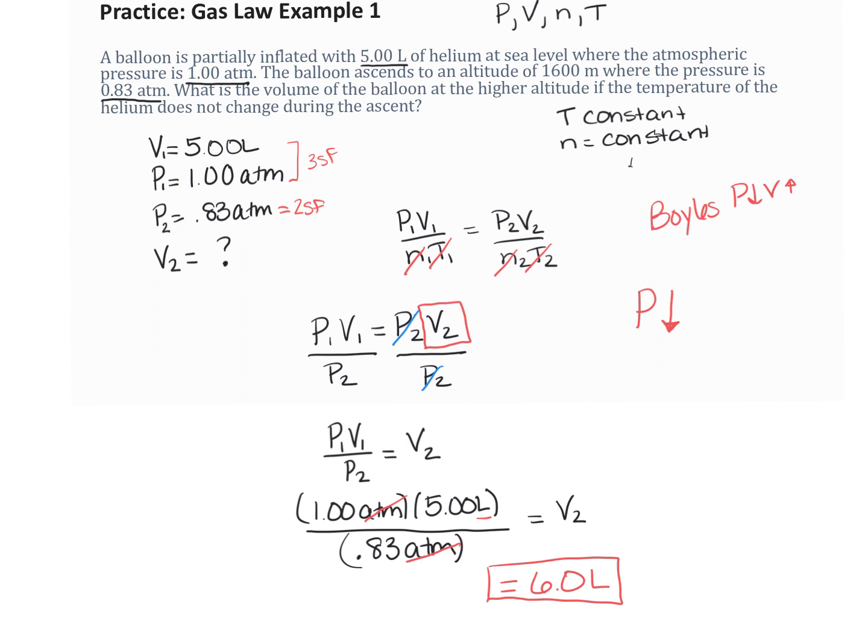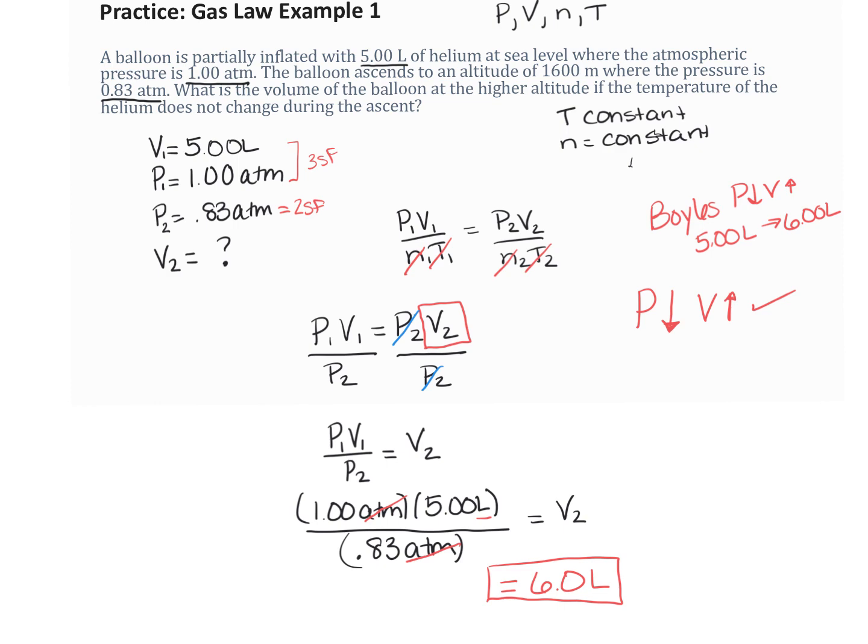And so we can check that. And our volume is going from 5 liters to 6 liters. And so this tells us that our volume is in fact increasing, and that Boyle's law is the law that this applies to. So it's a great double check, and you can keep that in mind as you work through some of these problems.